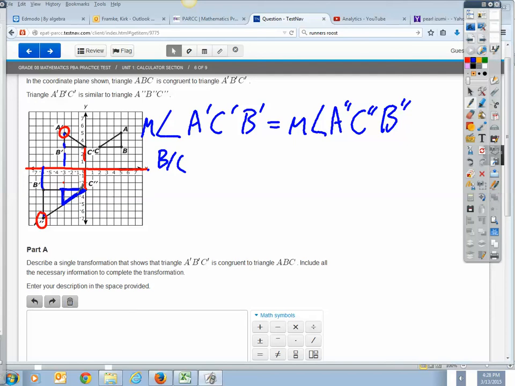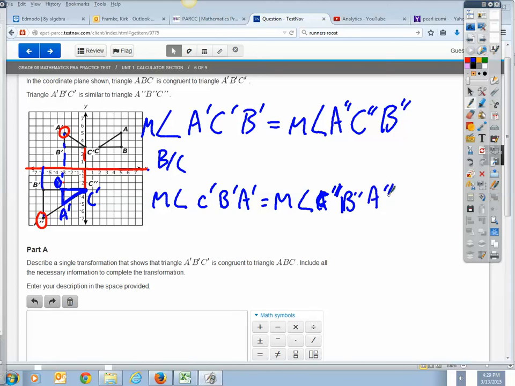Then I could also say that the measurement of angle C, so I'm still calling this C prime, B prime, A prime, that the measure of angle C prime, B prime, A prime is equal to the measure of angle C double prime, B double prime, A double prime, because we have a right angle and a right angle.